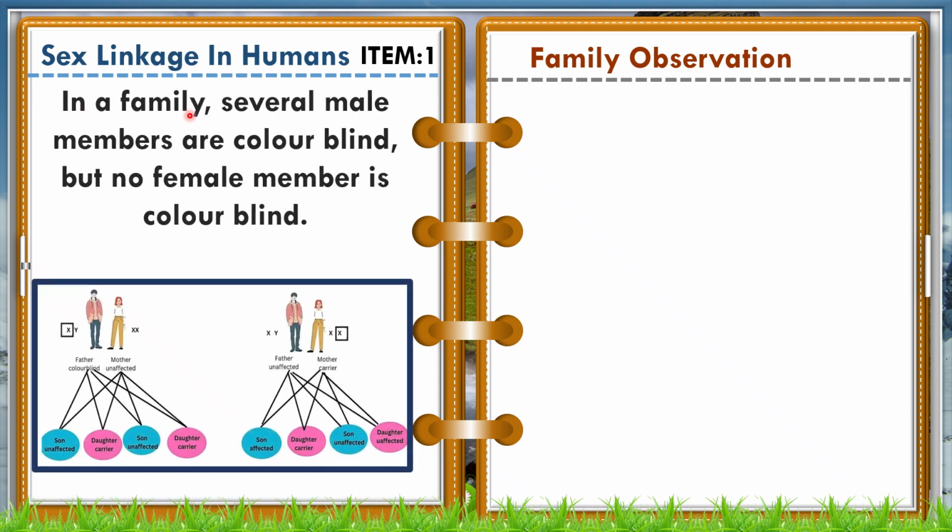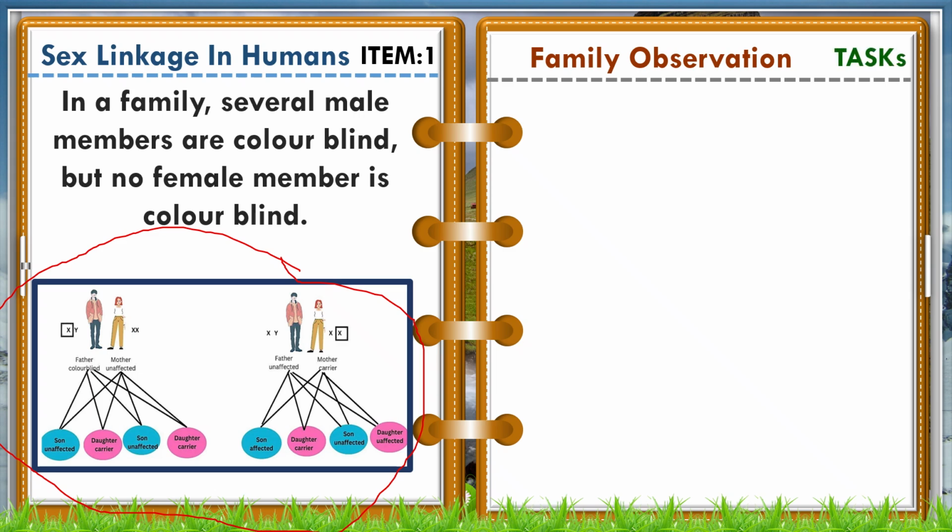In a family, several male members are colorblind, but no female member is colorblind. So we have our diagram here, and it is giving us different combinations. We shall come back here later.